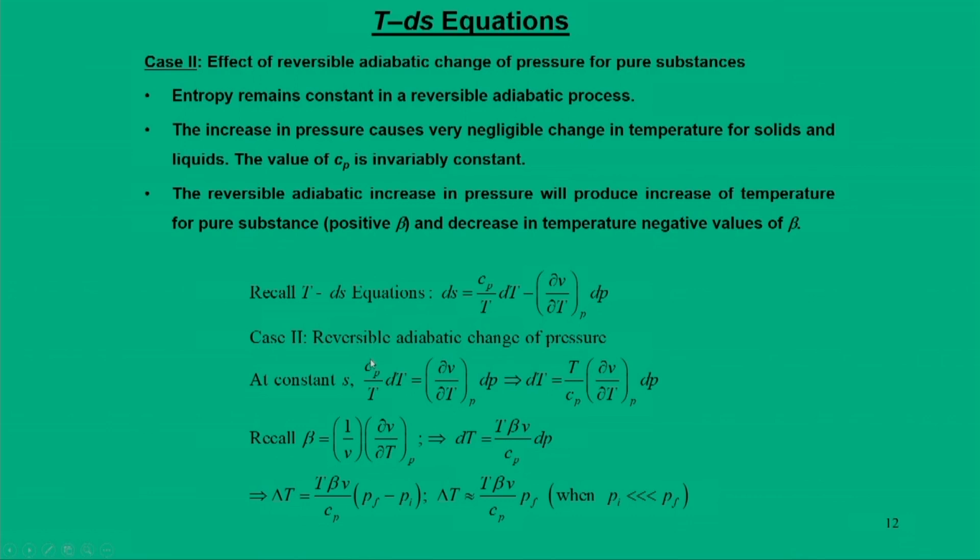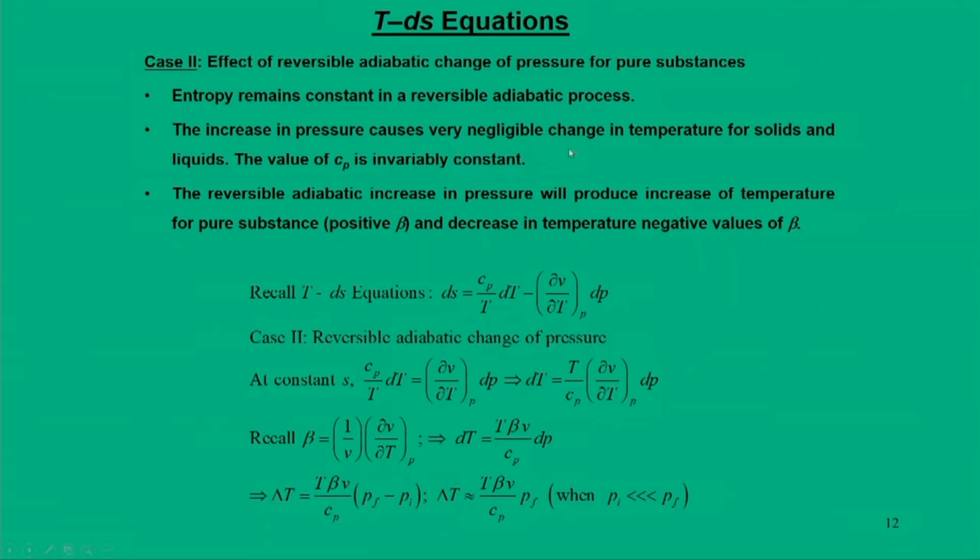The second case which we are going to study is the effect of reversible adiabatic change of pressure for a pure substance. The word reversible adiabatic means it is an isentropic process, so entropy remains constant.